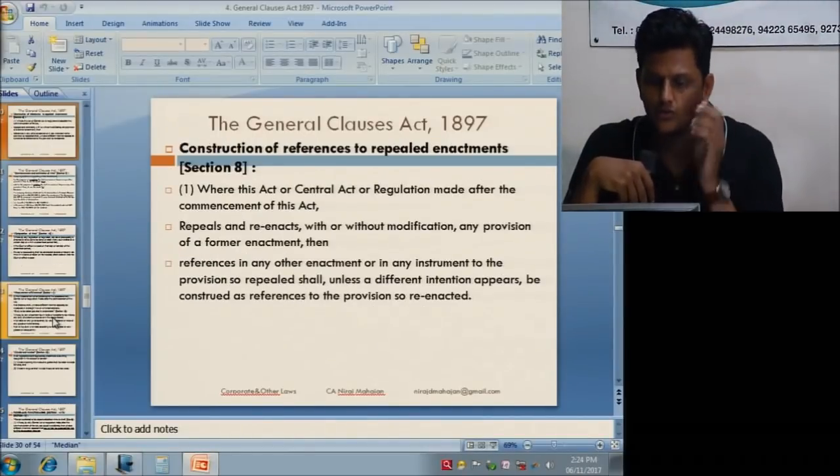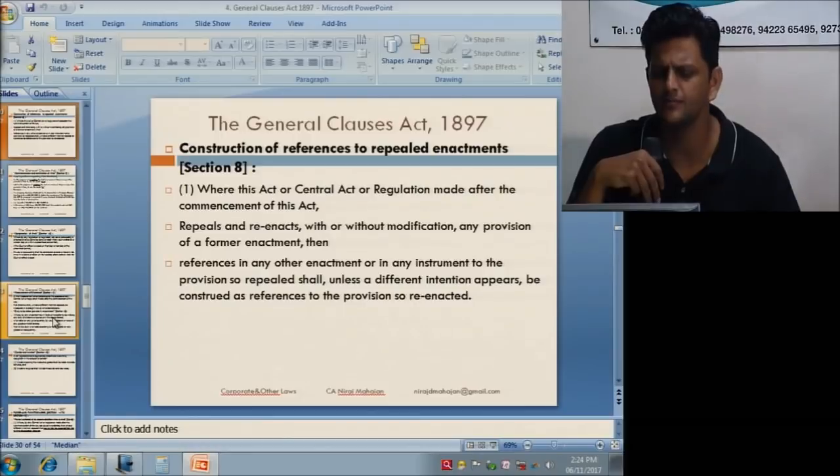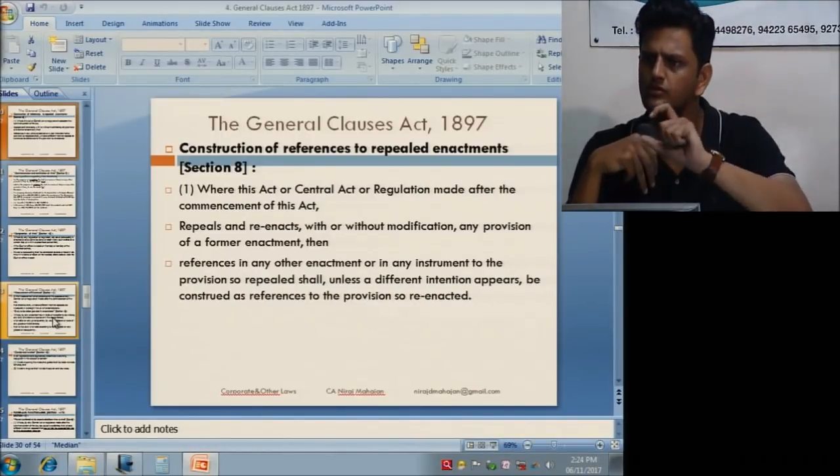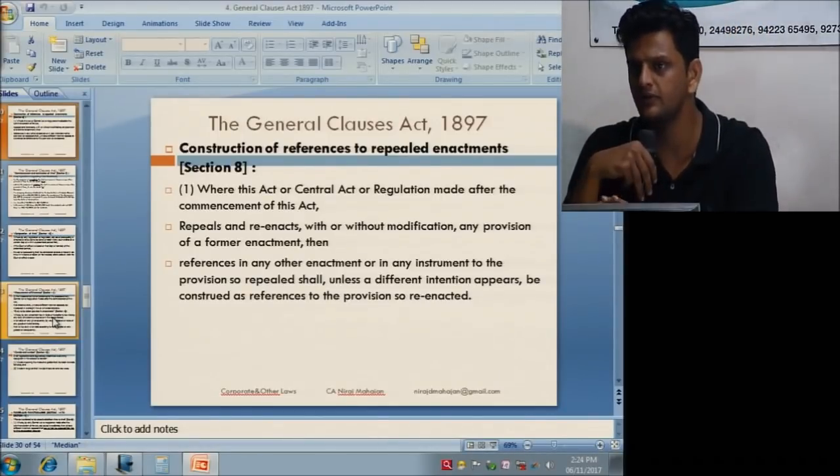Construction of references to repealed enactments. If one act gives a reference to a definition or some part of another act, and that act number 1 is repealed, what will happen?